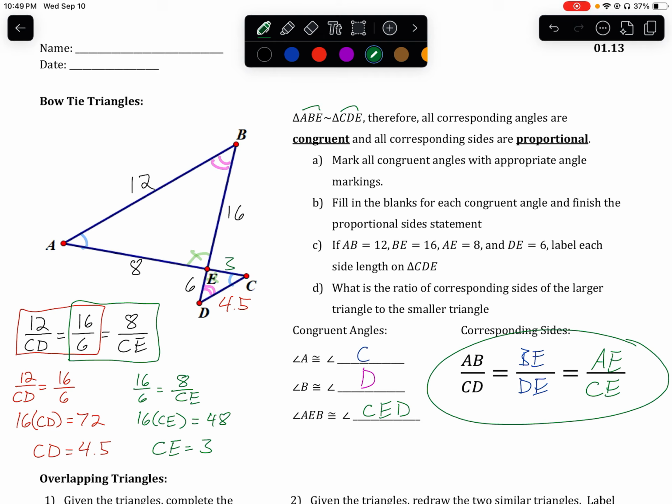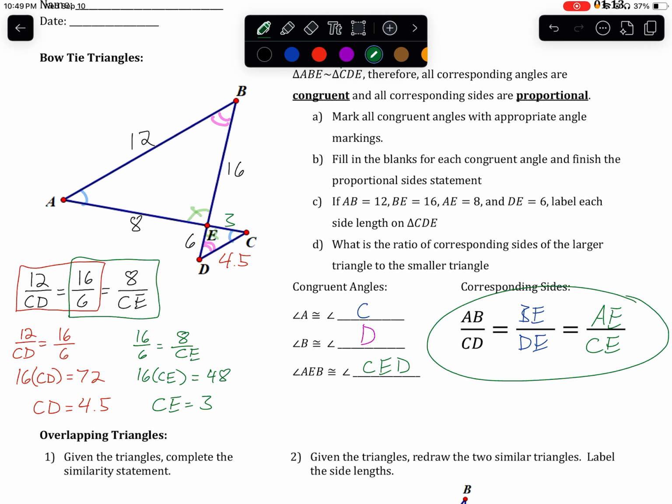Now the ratio of our corresponding sides of the larger triangle to the smaller triangle, let's look at that. I'll take all of my side lengths and put them into their corresponding side ratios. So I've got 12 over 4.5, 16 over 6, and 8 over 3. Now for the ratio of our corresponding sides, I want to have it as a reduced fraction.